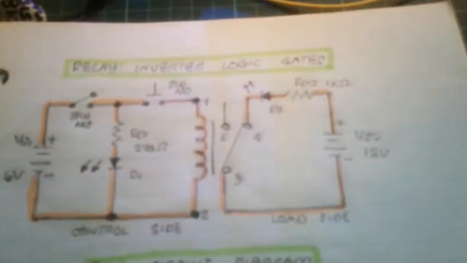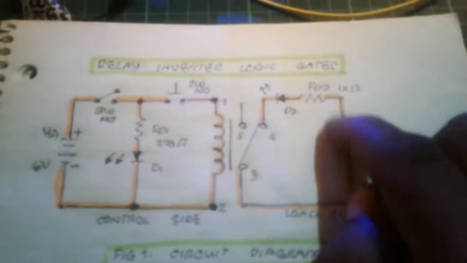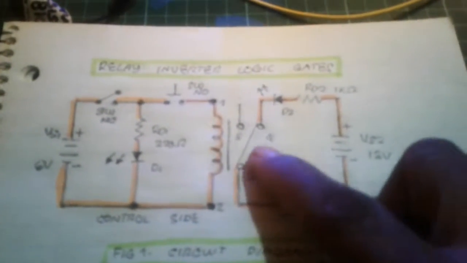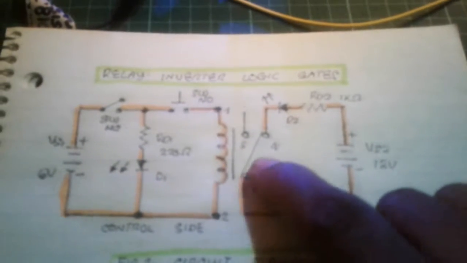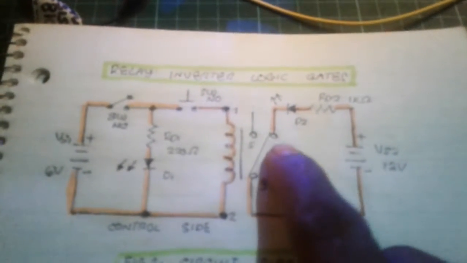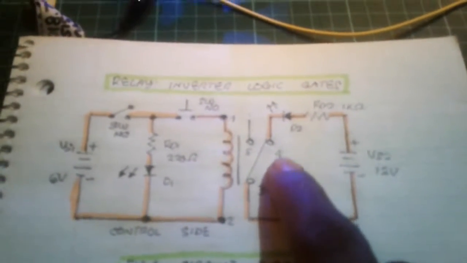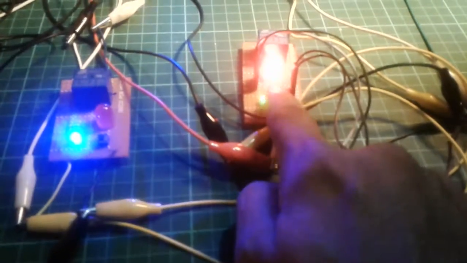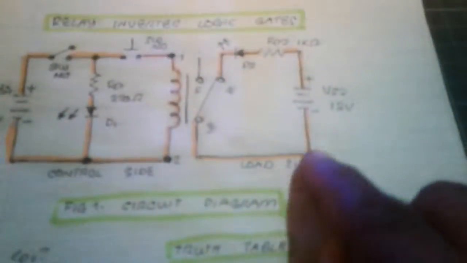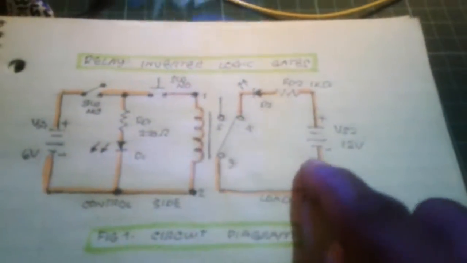While in our new circuit here, the connection is normally a closed circuit. Now the terminal is connected to pin number 4, and that makes it a relay inverter logic gate. Normally the LED is turned on because there's a closed circuit here.